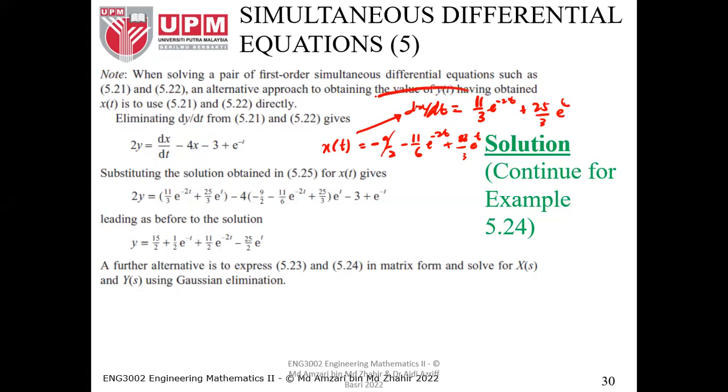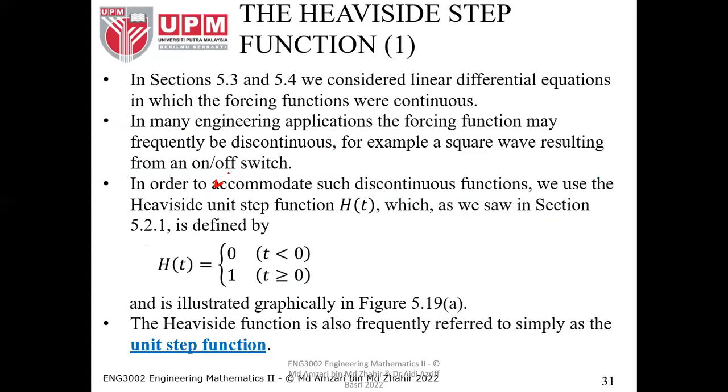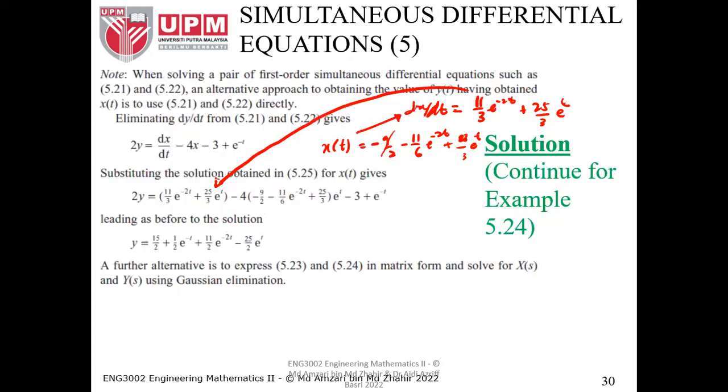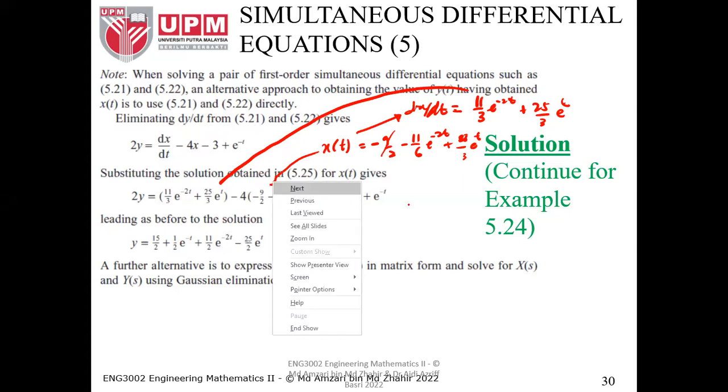So this one you put in as dx over dt. Then this is x, so you just put this x inside this one. So you will get the equation. Then you simplify the equation, and automatically you will lead your answer to the y result. So this is another way.